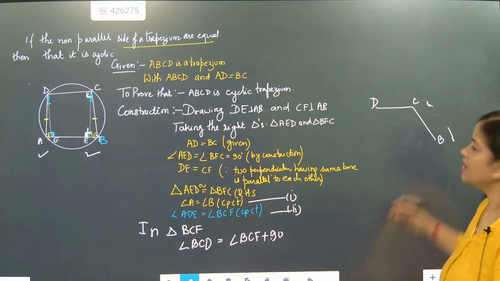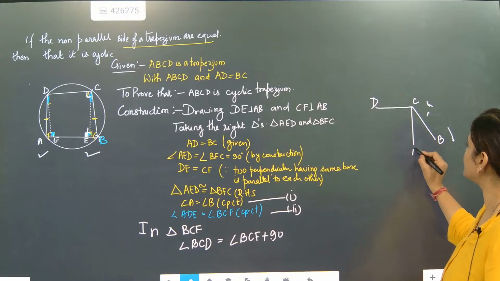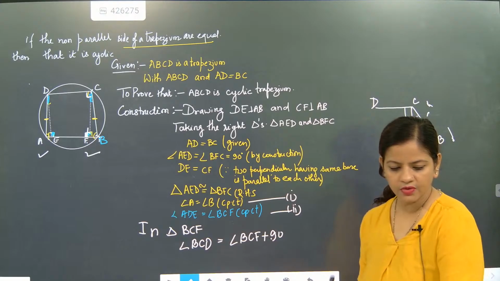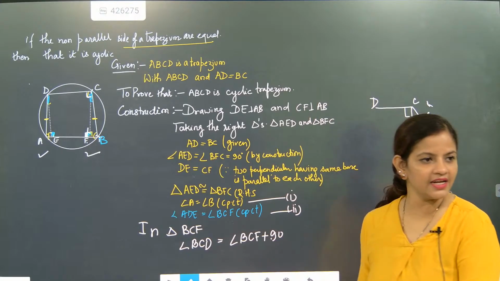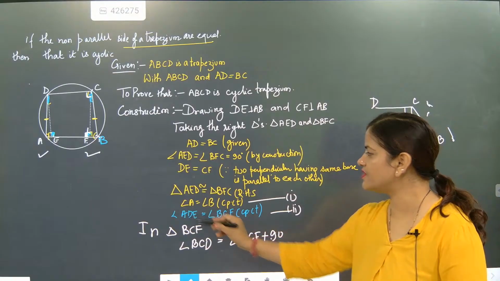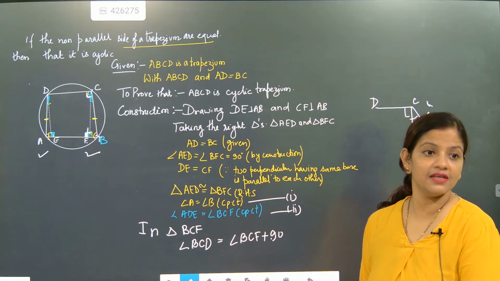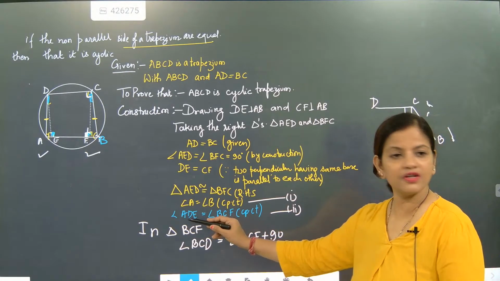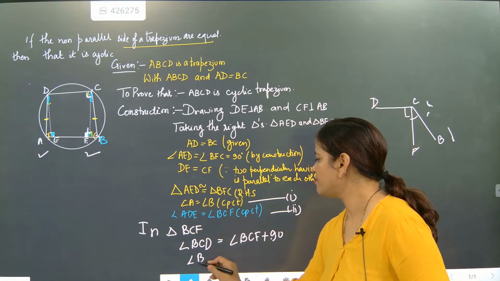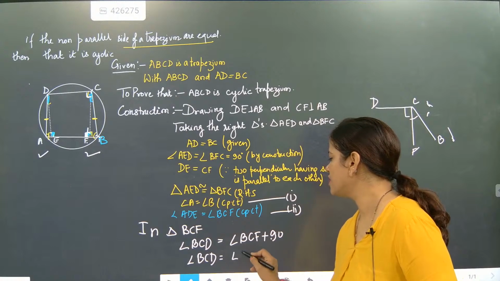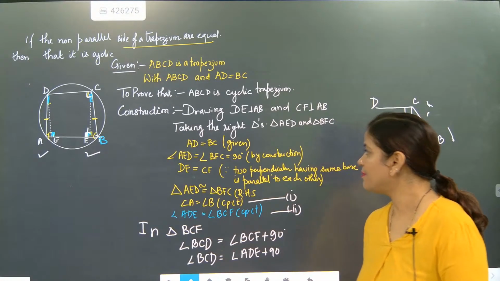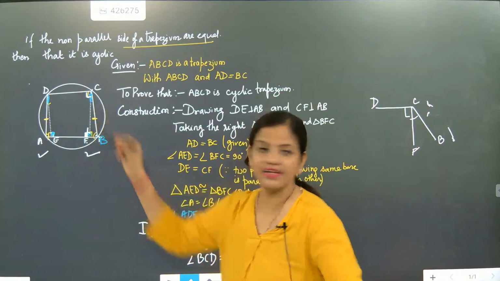Now because BCF, just now we proved, is equal to ADE, instead of BCF, angle BCD is equal to angle ADE plus 90 degree. And beta, ADE plus 90 degree is ADC.